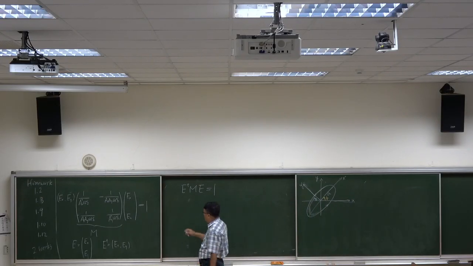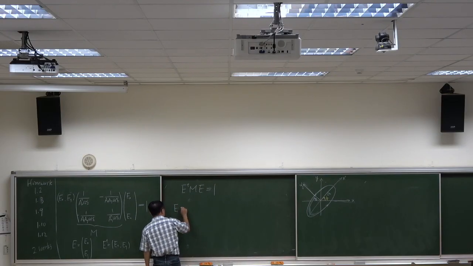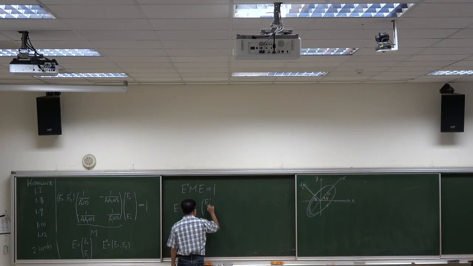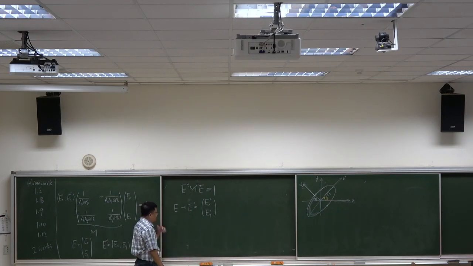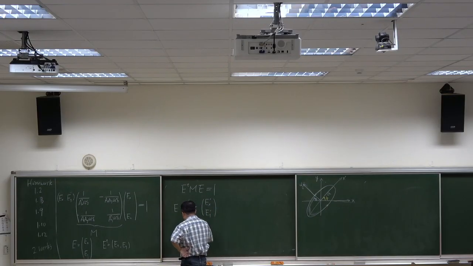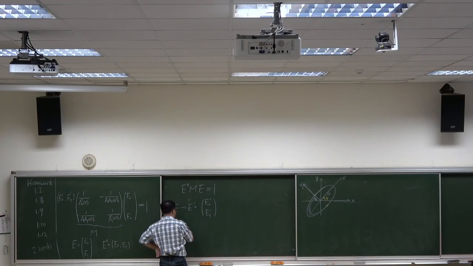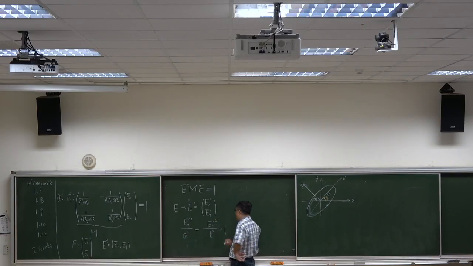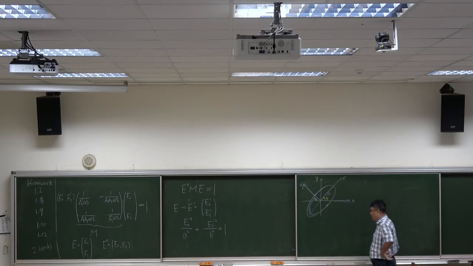Then in this new coordinate system, E becomes E prime, described by Ex prime, Ey prime. Then in this new coordinate system, the same equation can be written as Ex prime squared over a squared plus Ey prime squared over b squared equal to 1, the standard form of an ellipse.